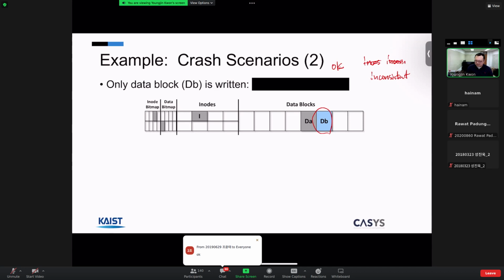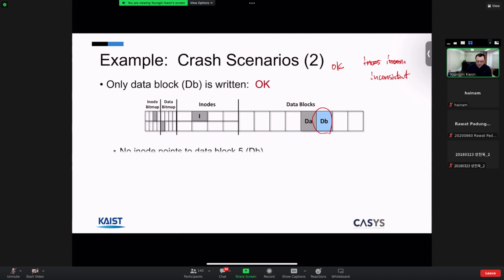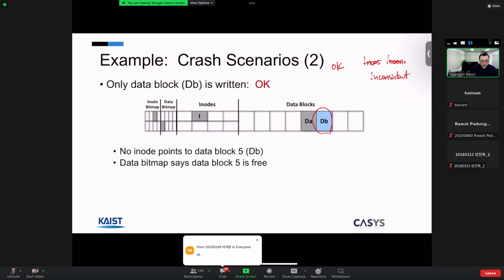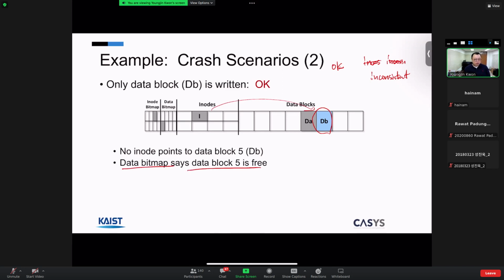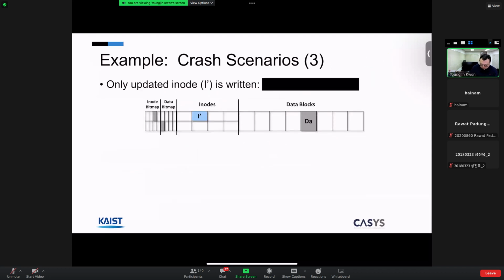It's okay. Why? Because no inode is pointing to block 5, and the data bitmap also says the data block is free. It's only written to the disk, but there is no inconsistent information in the bitmap and inode. So this case is okay.